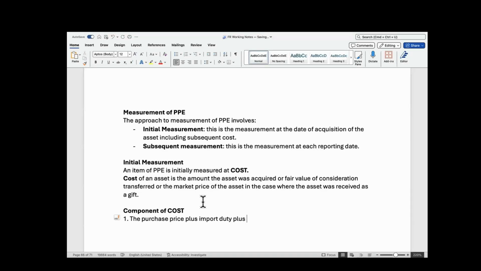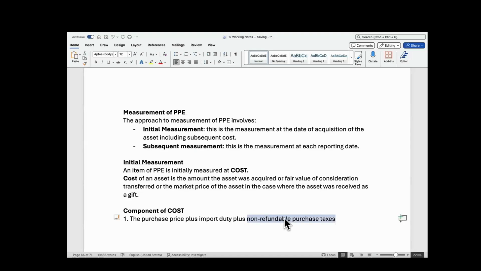And if you are buying an asset, they will mostly add VAT, as we call it in Nigeria. But this is not a Nigerian standard, it's an international standard. In fact, the standard calls it non-refundable purchase taxes. This is similar to VAT. You also add that as part of the cost of that asset.